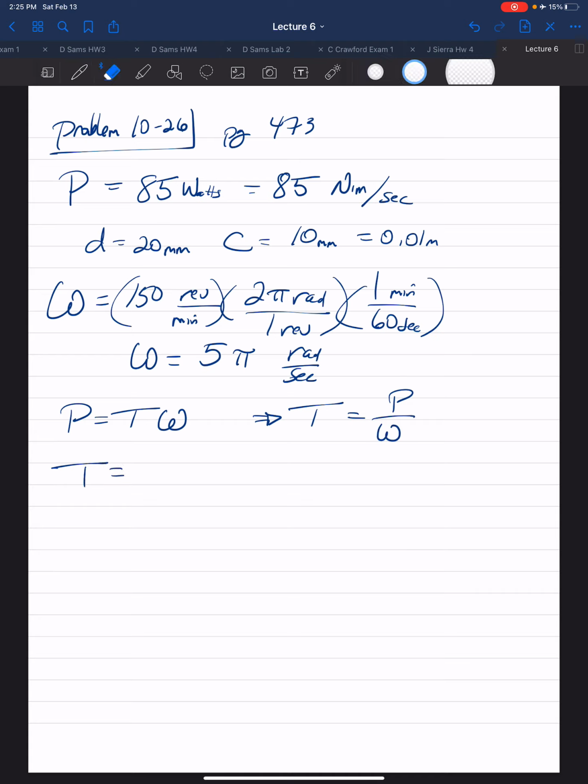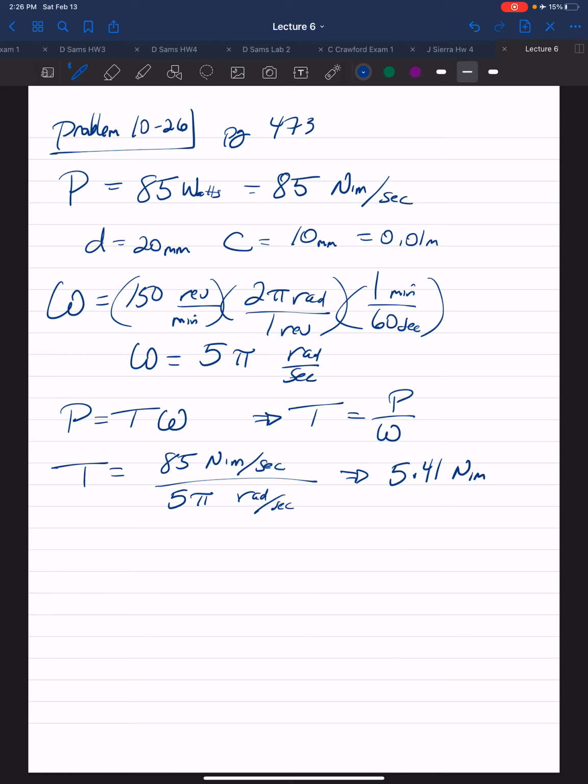So torque would be then 85 Newton meters per second over 5 pi radians per second. Divide these terms. Our torque is 5.41 Newton meters.